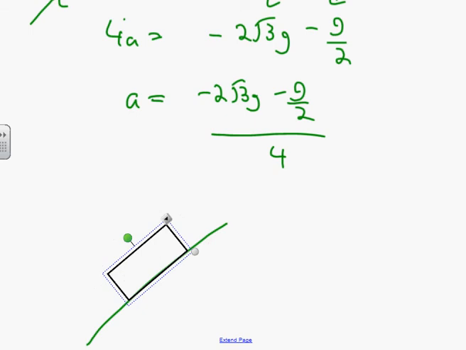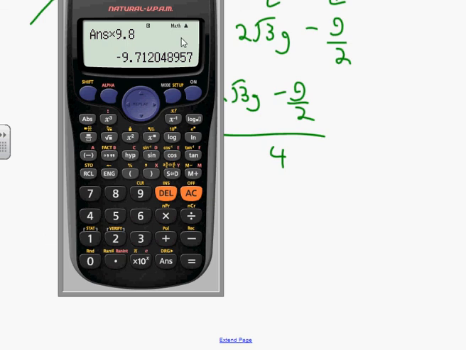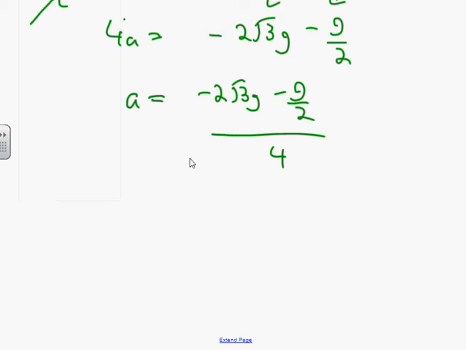Is that alright? So our acceleration, we found out to be, when we put this in the calculator, minus 9.7. Is that alright? Very big acceleration, but you also got to remember it's a friction assisted acceleration. So minus 9.7 meters per second squared.